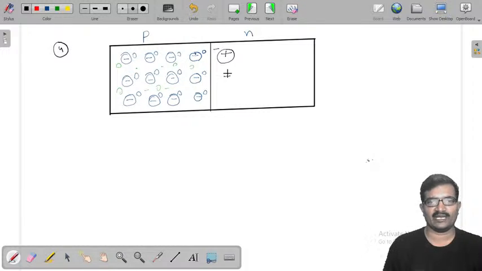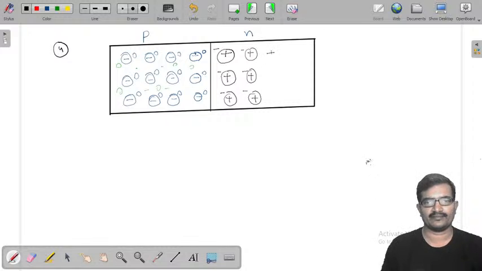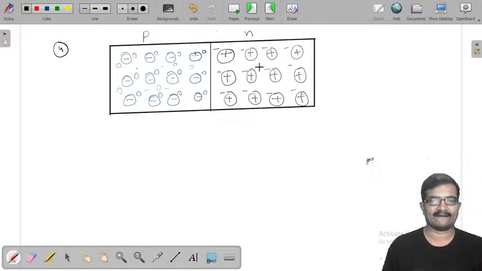Every positive immobile ion provides one free electron to you. Under intrinsic conditions, it also has few electrons and holes, and those are additional.